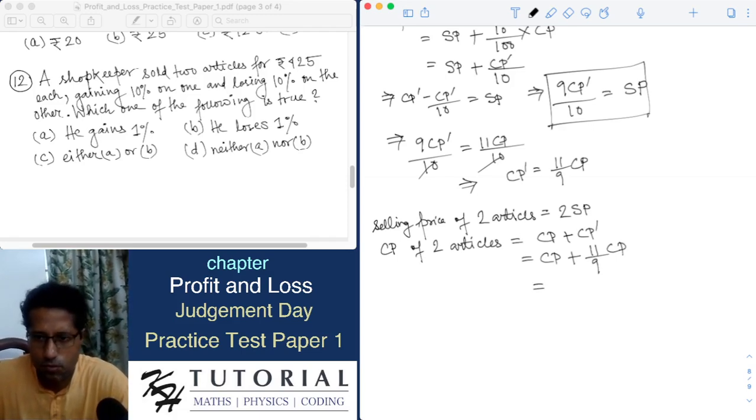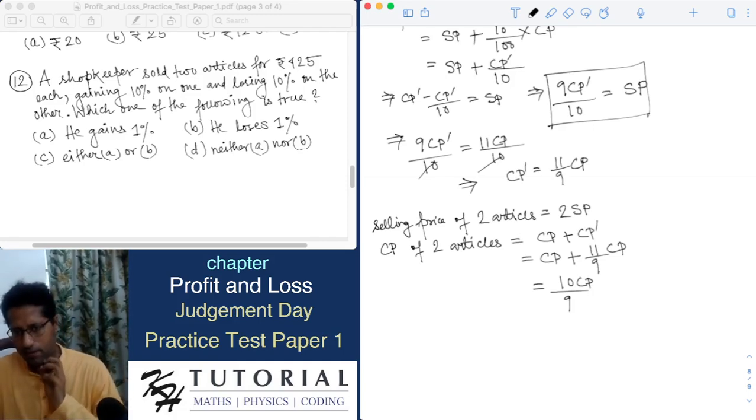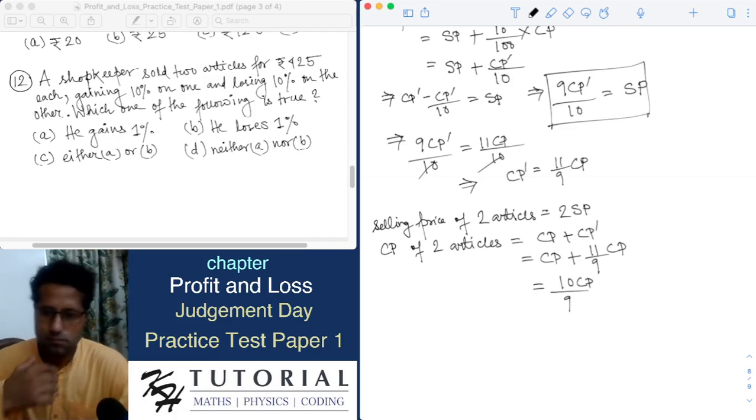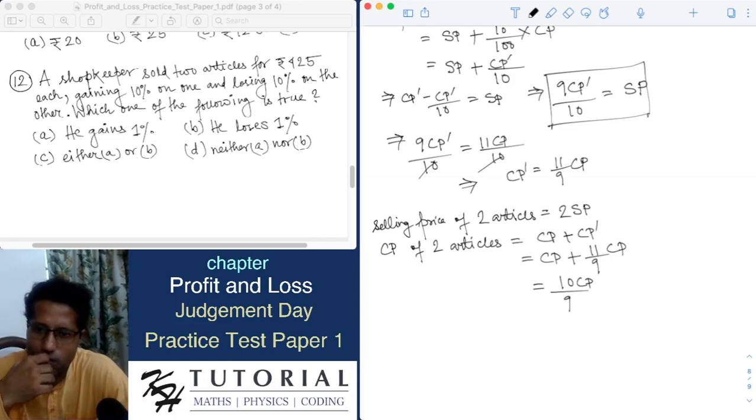So this is equal to 10 CP by 9, the total cost of the two articles.